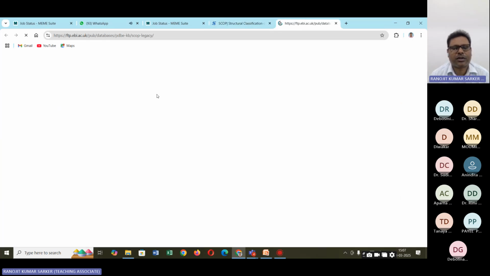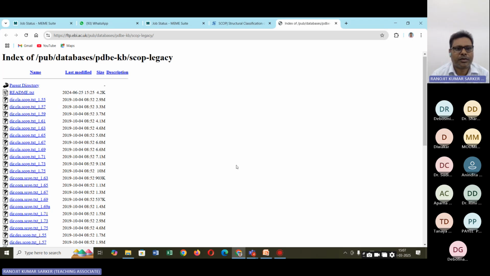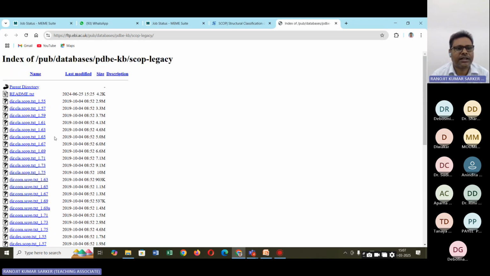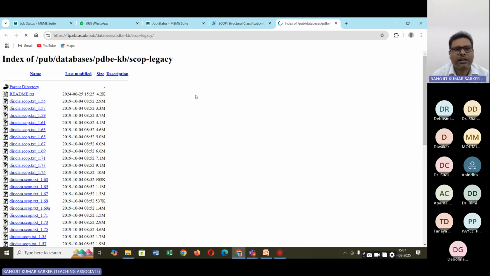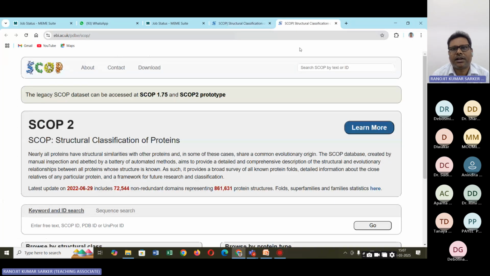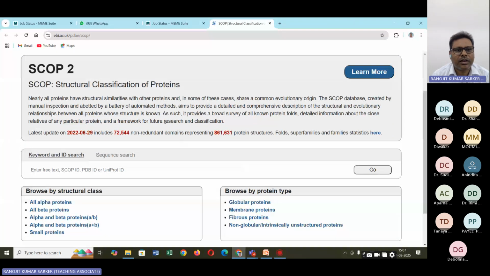If I go through the SCOP 1.75 prototype, you can see these are direct folders that you can get through, but we can search from here, in prototype 2. These are the search areas. So how can we search this protein?